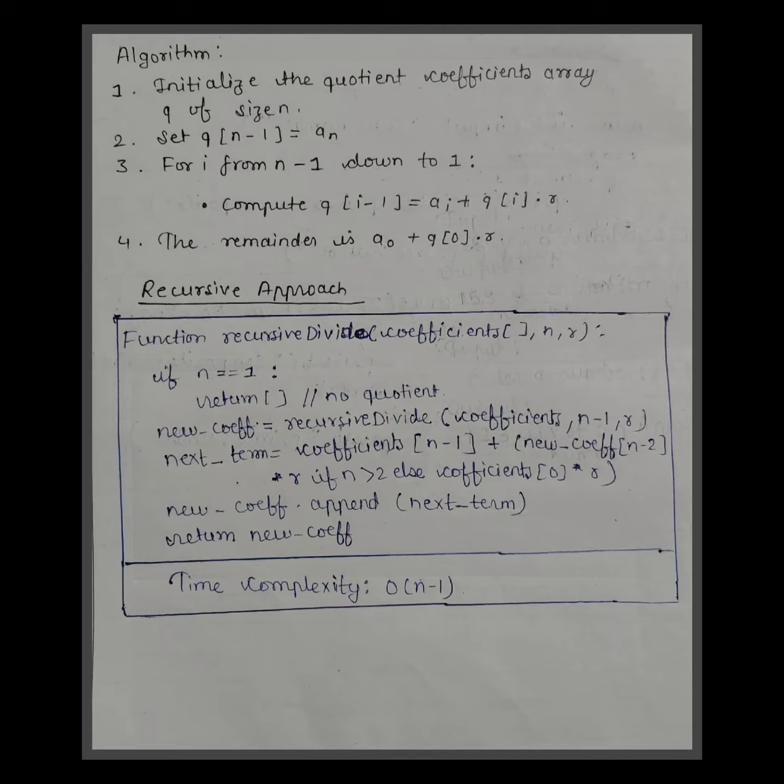Next term equals coefficient[n-1] plus new coefficient[n-2] times r if n is greater than 2, else coefficient[0] times r. New coefficient append, that is next term. Return new coefficient. Its time complexity is O(n-1).